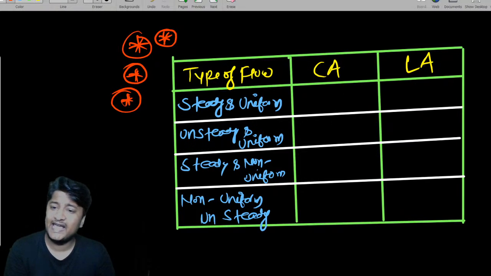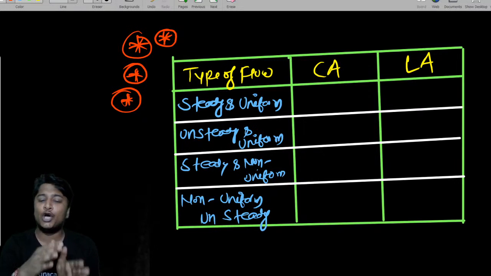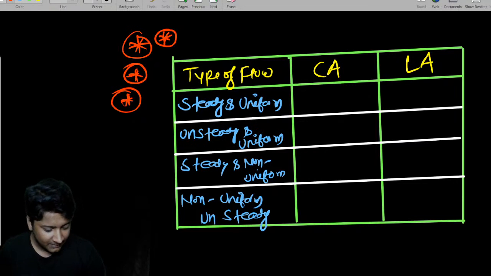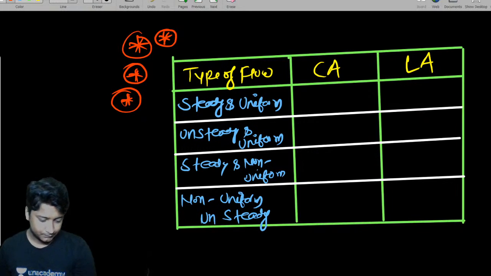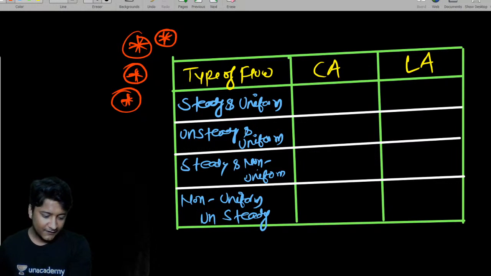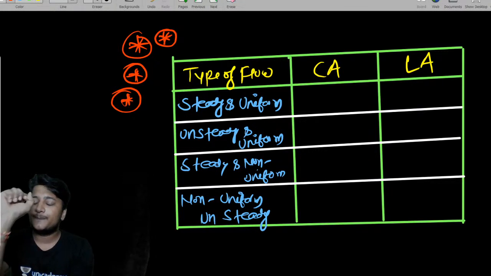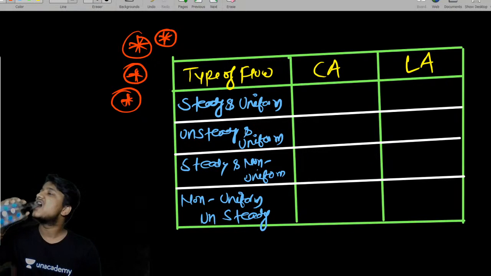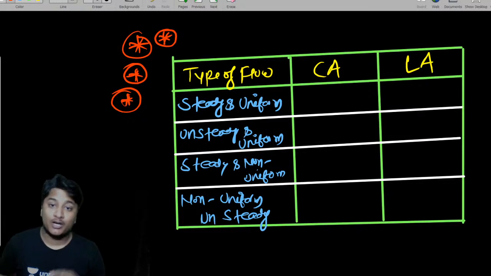I'm asking for CA and LA for steady and uniform flow, it will be 0 or non-zero, only I want 0 or non-zero. बताइए everyone, I want only that. और अगर सारे केस का बताइएगा तब तो और भी मजा आएगा.